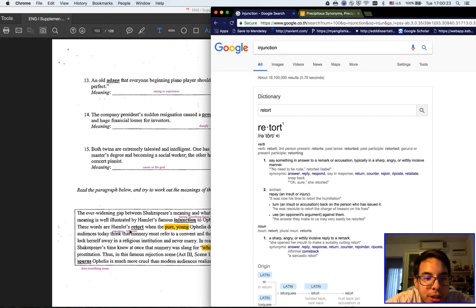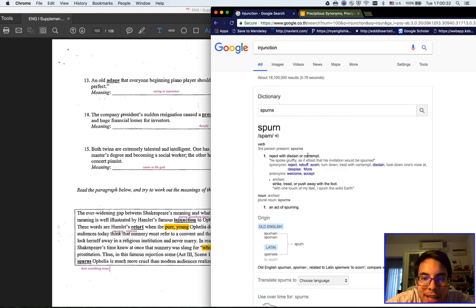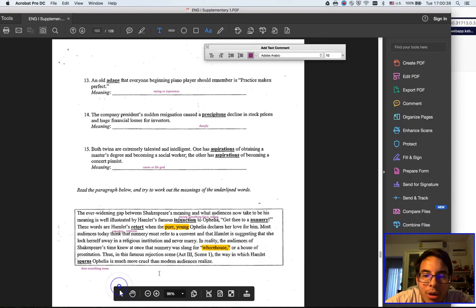So to make this better, you could probably put rejection, you could put angry. And finally, spurns: reject with disdain or contempt. Do something mean. That kind of fits there. Okay. All right. So hopefully this helps with the context. Good luck.